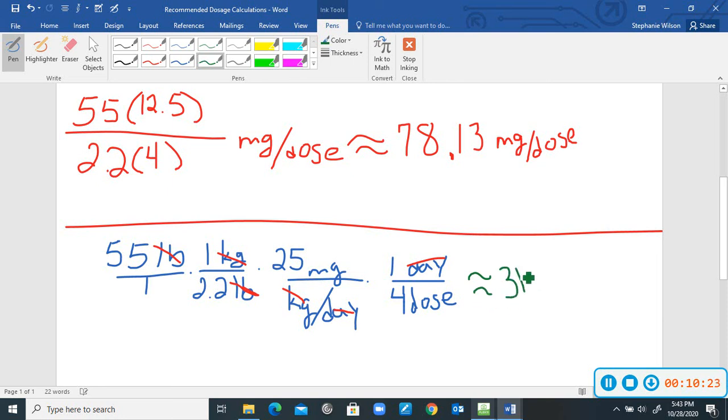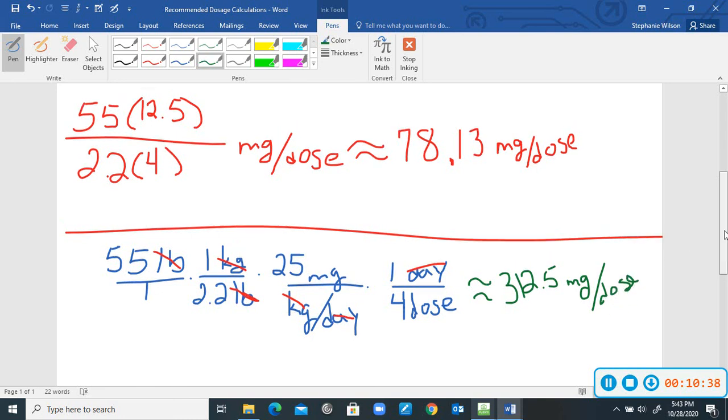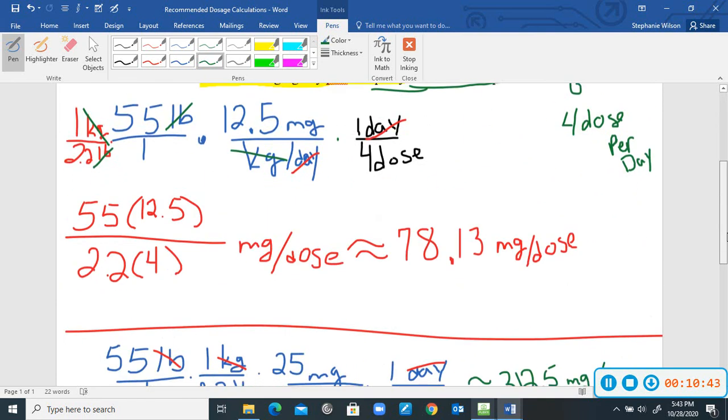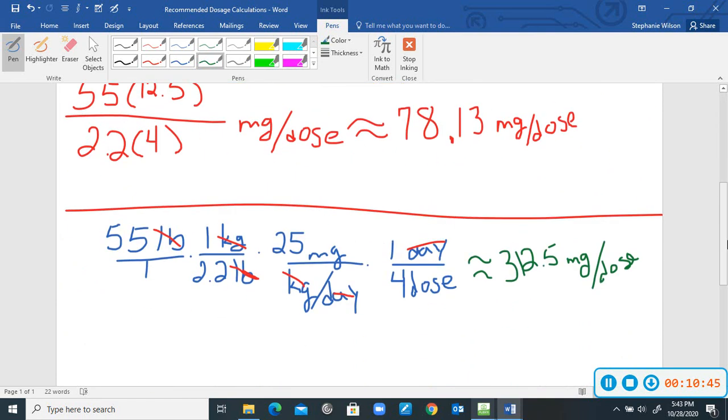So it's 312.5 milligrams per dose. So the doctor ordered 125 milligrams, so it's safe. It did not go over the maximum amount, so this is safe for the patient. If it went below the minimum, it's just probably not effective. So we'd say yes, this order is safe.